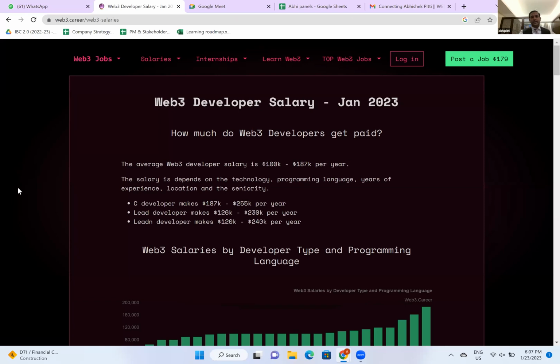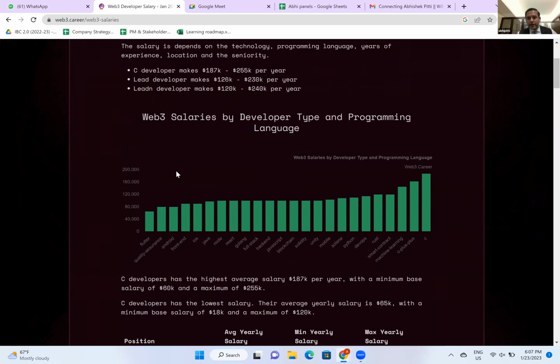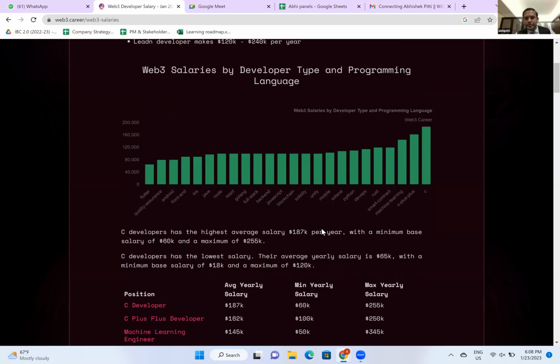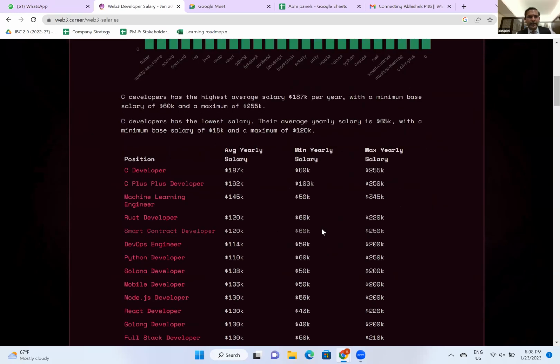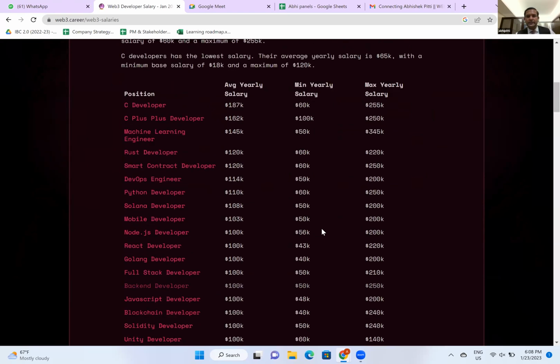A 2-year experienced engineer. I just want to make sure you understand these are all the career choices that you will make. Web3 salaries by developer type and programming language, and you see Web3 career right here. Let's just say C developer, Rust developer, these are salaries.